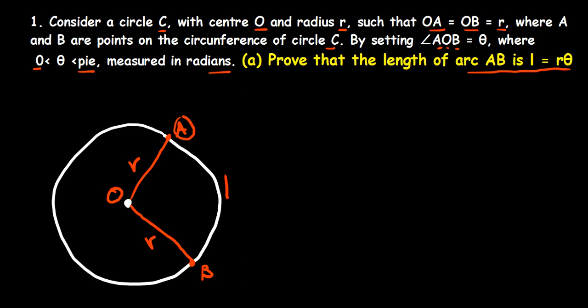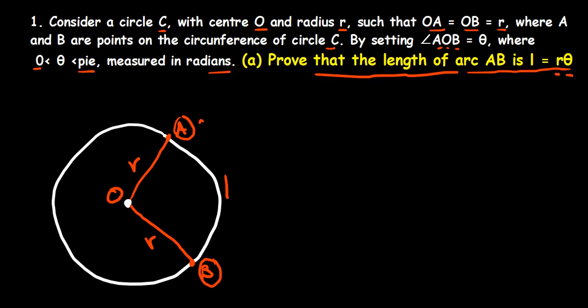So they are asking us to prove that the length of this arc AB, because the arc starts on A and ends on B there, is equal to R multiplied by theta.